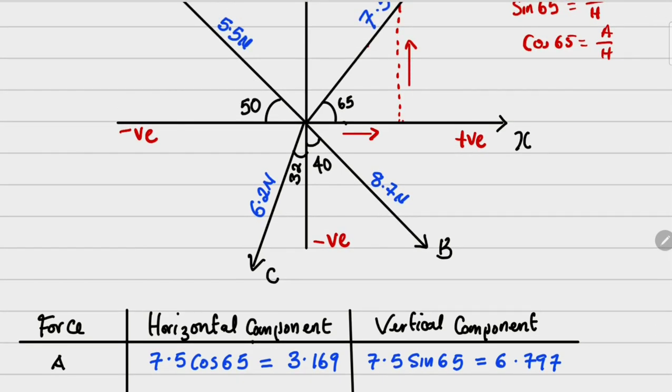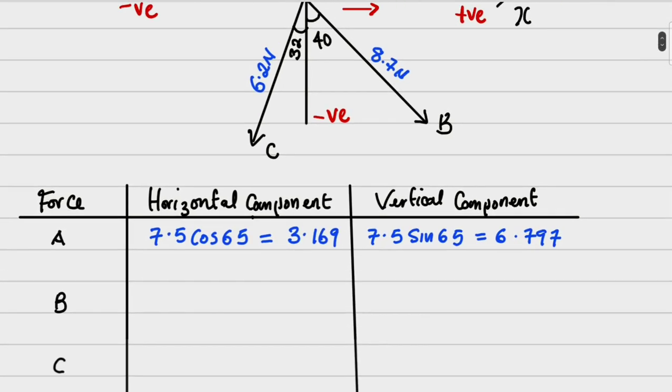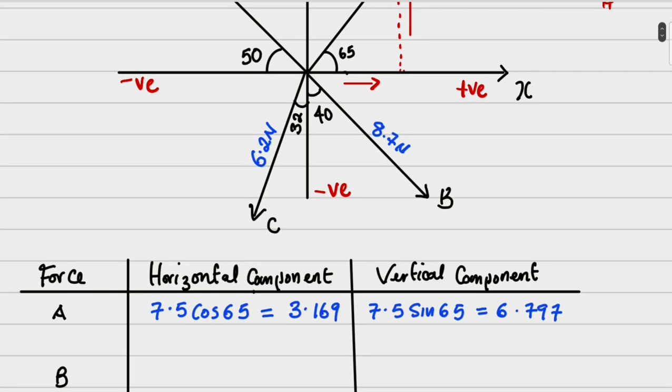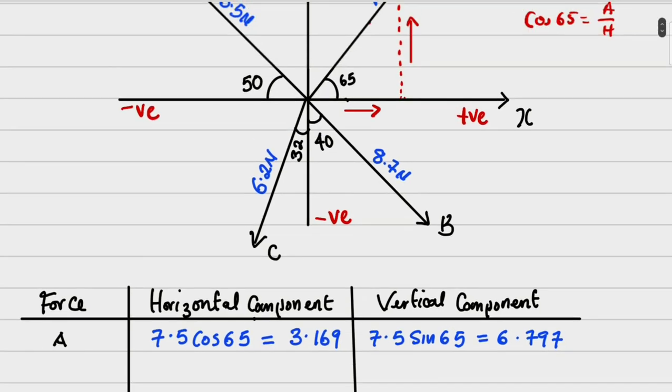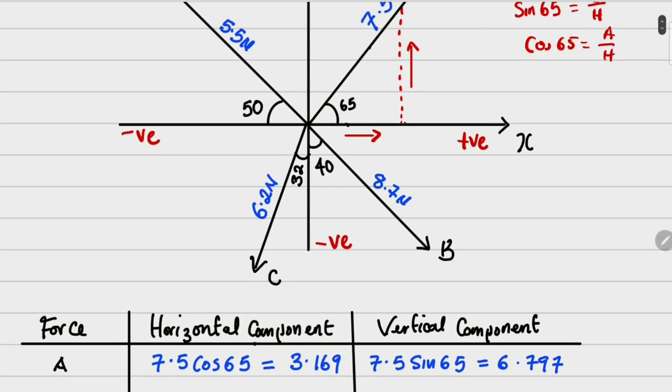Then let's come down to B. B is special in the sense that the x component is positive while the vertical component is negative. But I need to show you something. For you to still maintain cosine for the horizontal and sine for the vertical, you have to use this angle, which is 50 degrees.